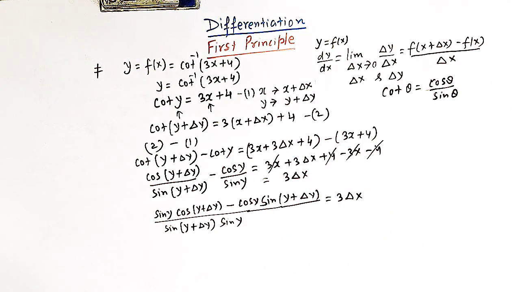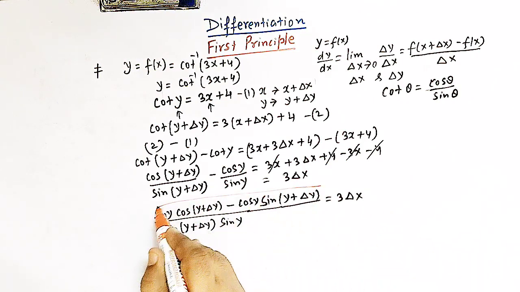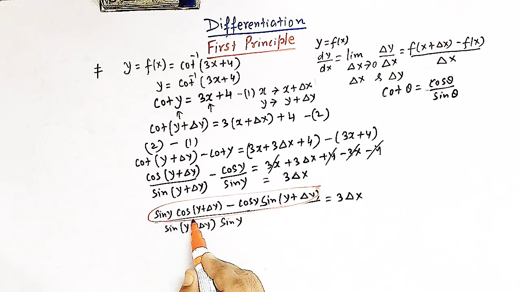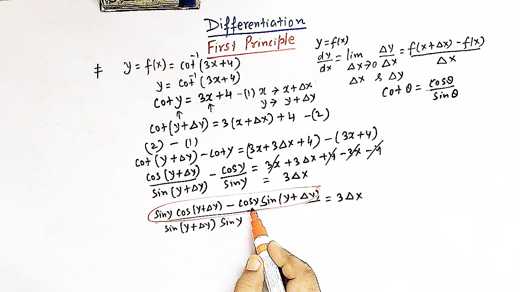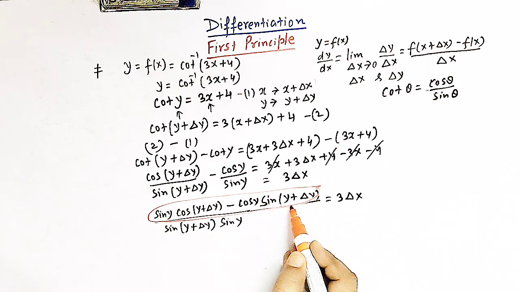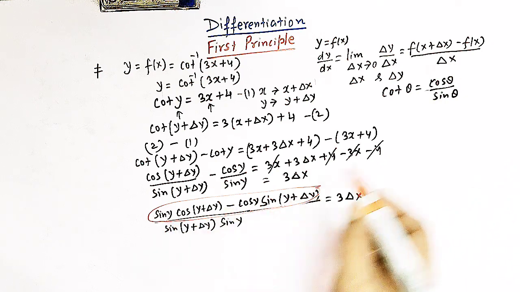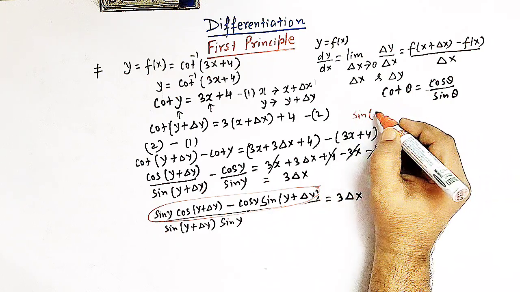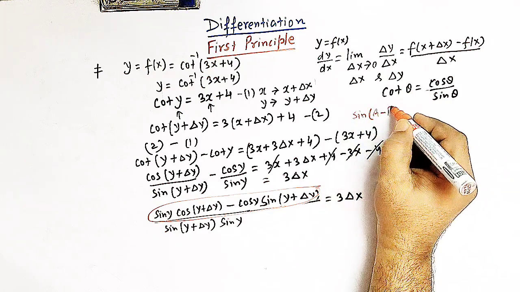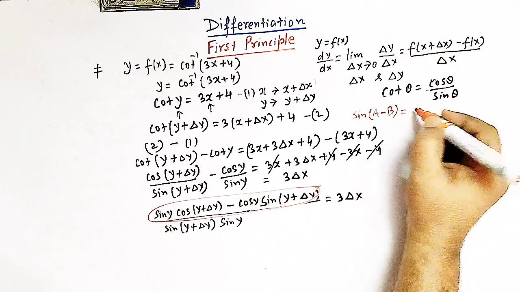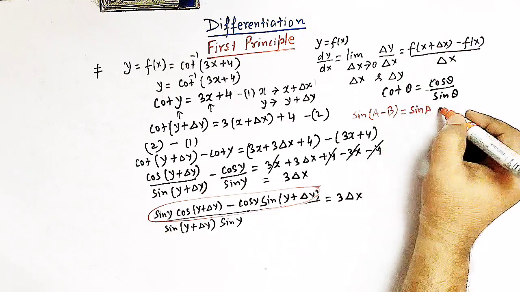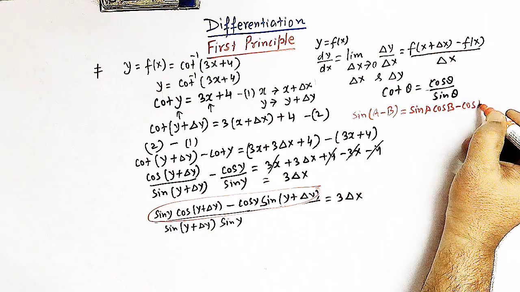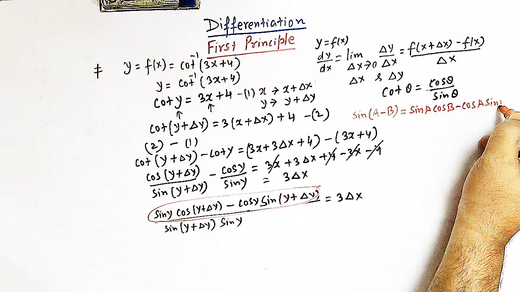So now let us see this expression. In the numerator, here we have sine y cos of (y plus delta y), and here we have cos y sine of (y plus delta y). So here we can use this important result from trigonometry, that is sine of (a minus b) is given by sine a cos b minus cos a sine b.